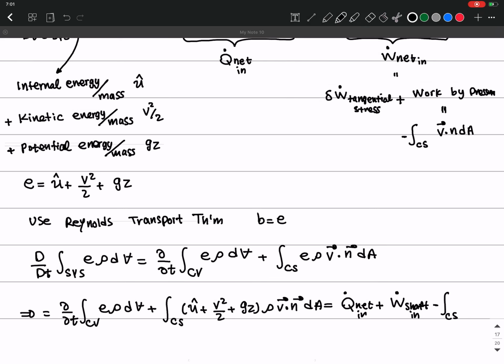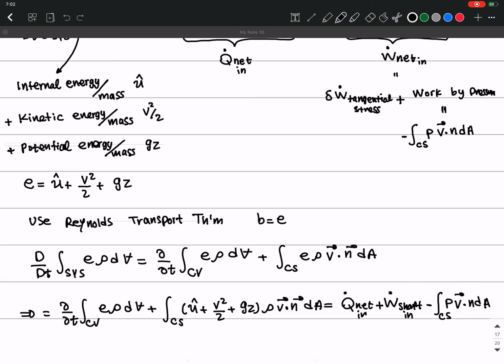This is P. So it's going to be minus PV dot NDA, right? And again, this is going to show me the work done by the pressure. So this is the decomposition of the W dot net, right? That I had.